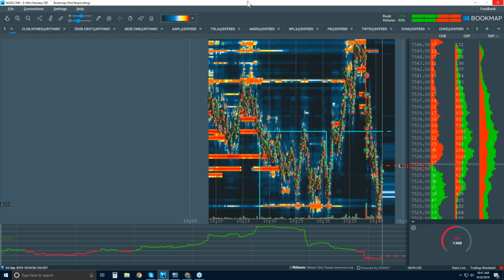Shouldn't be having this issue, but having some memory issues even last week with my machine. So maybe I'll have to quit a few things here. And it's not Bookmap related, it was something else.